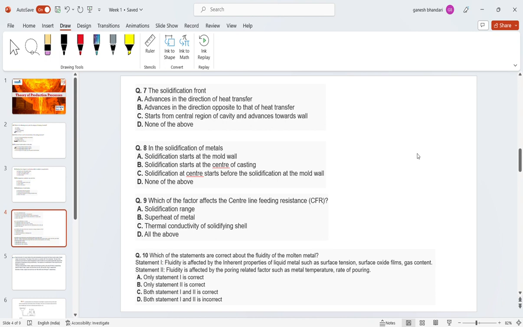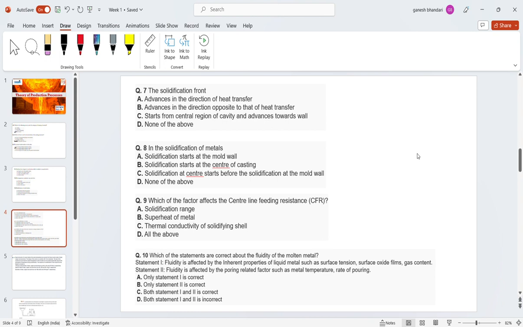But the solidification will be from right to left, lower to higher temperature, because the temperature is low, so the phase transformation will happen easily. That's why it is in the opposite direction to that of your heat transfer. So I think this question is clear now, right?